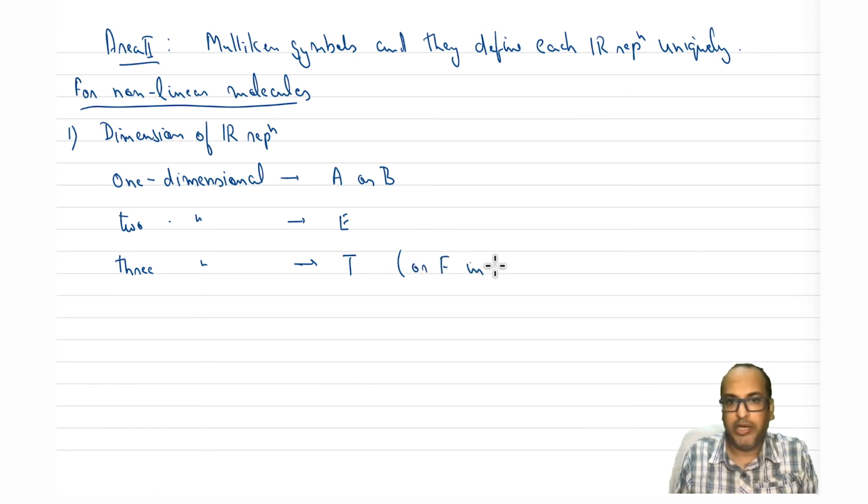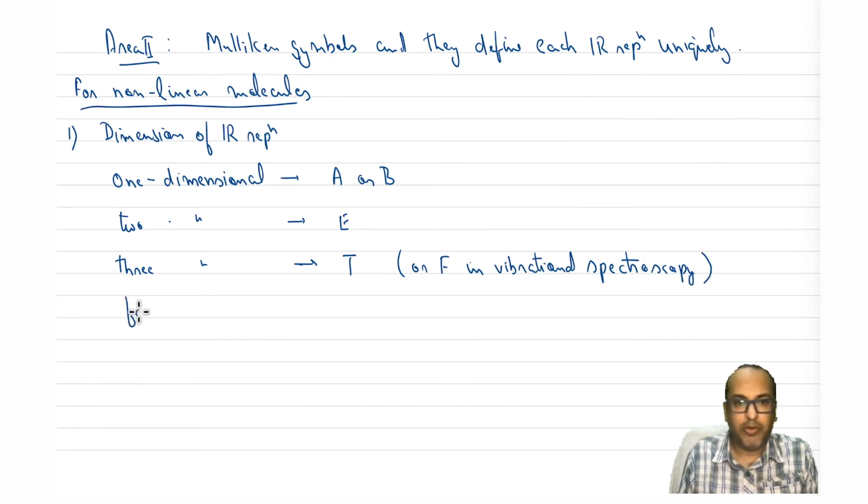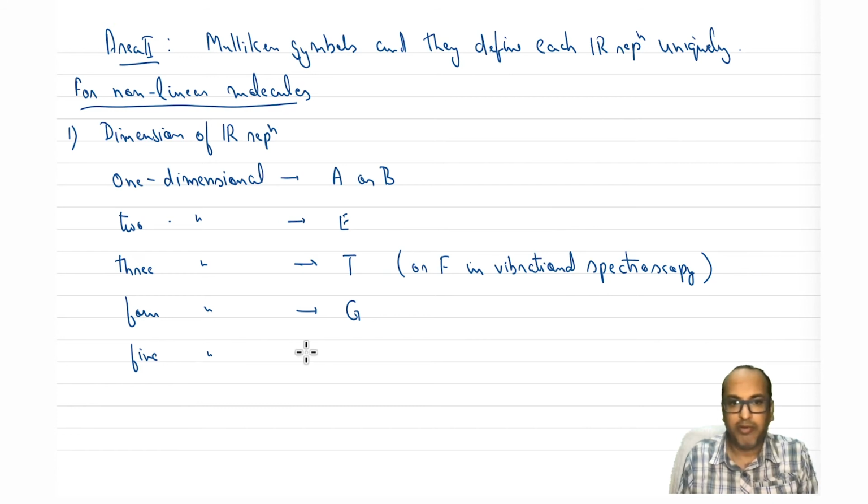Within group theory, it is used as T, but in vibrational spectroscopy, it is used as F. For four-dimensional, which is rarely used in group theory, but for completeness, I will define the symbol G. And for five-dimensional, I have never seen any example of 4 and 5.